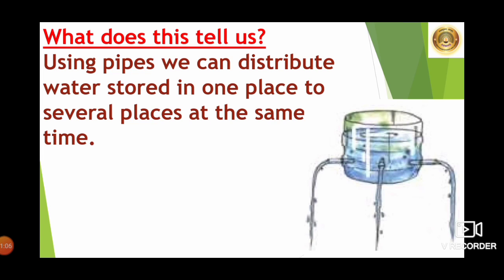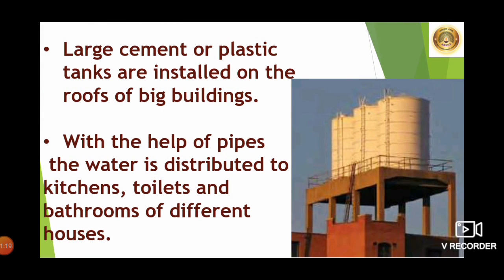From this activity, we understood that using pipes, water stored at one place can be distributed to several other places at the same time. Students, you must have seen large cement or plastic tanks installed on the roofs of big buildings.